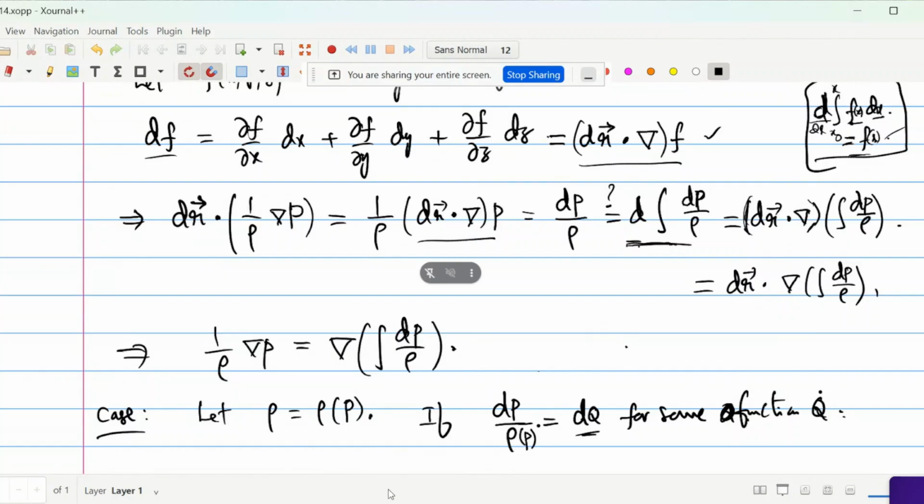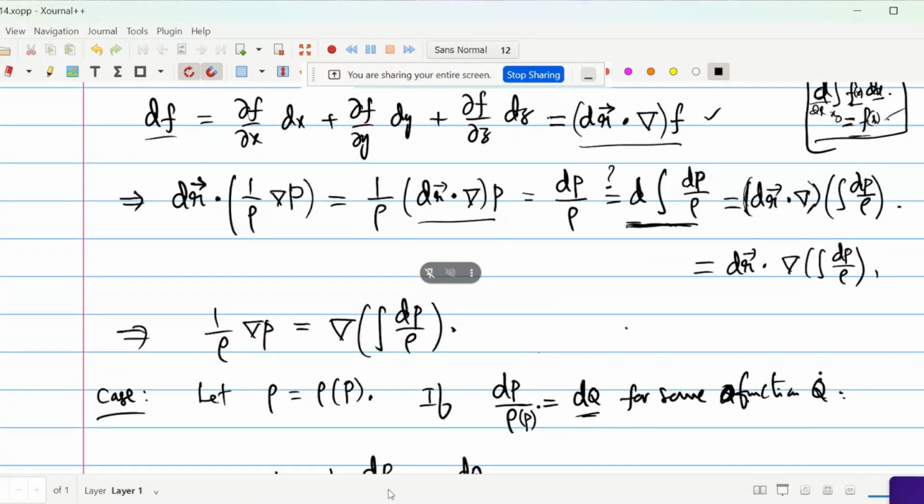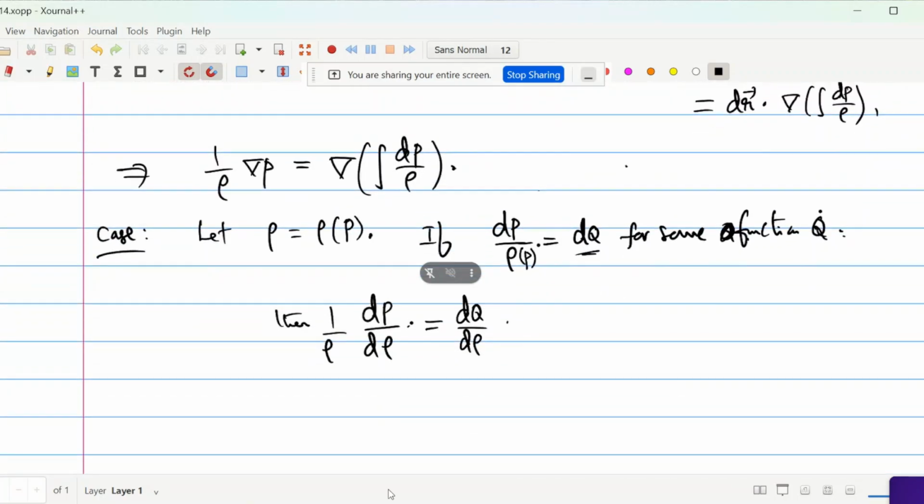Can you take up this challenge? At least this one, whatever we are doing, d into integral. So you try to understand that one. We will come to that anyway, but here we'll justify it in a simple way, like this.